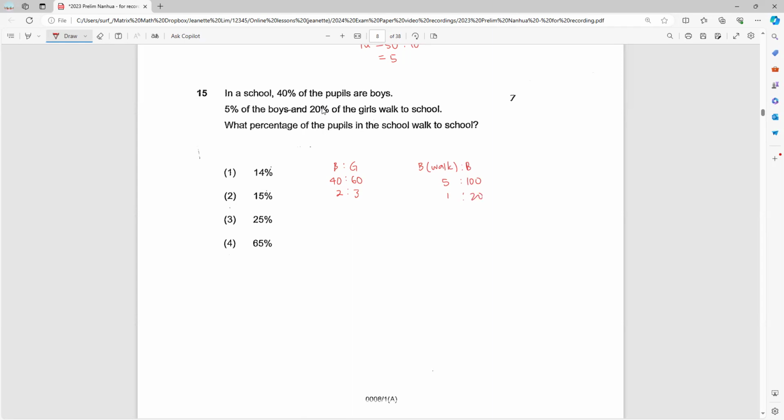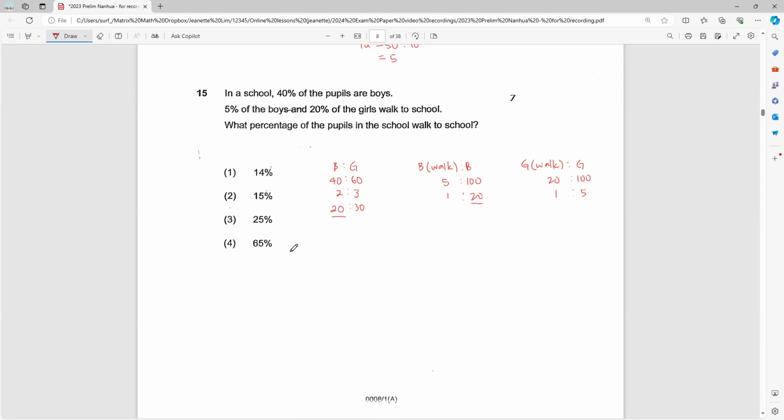Next, 20% of the girls. Girls who walk to school, out of all the girls, is 20 to 100. Simplify, 1 to 5. Now look for the common base. Common base will be the total number of boys, which is 2 units here and 20 units here. So we have to change this to 20, so that this and this is the same.